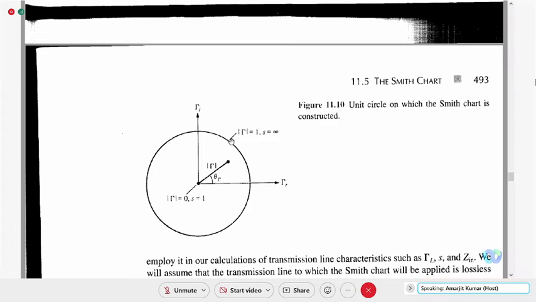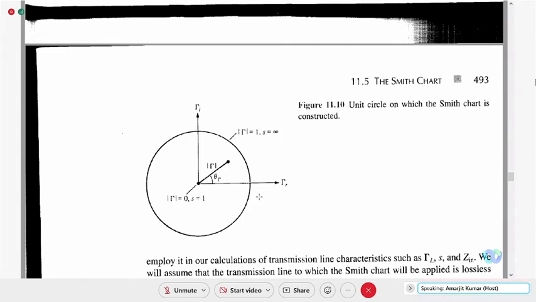If the radius is equal to 1, the unit circle, then short circuited and open circuited impedance should lie on the perimeter of this unit circle. We will see where the short circuited impedance and open circuited impedance will be. For both the cases, mode of gamma is 1, and the standing wave ratio is also equal to infinity for both the cases.